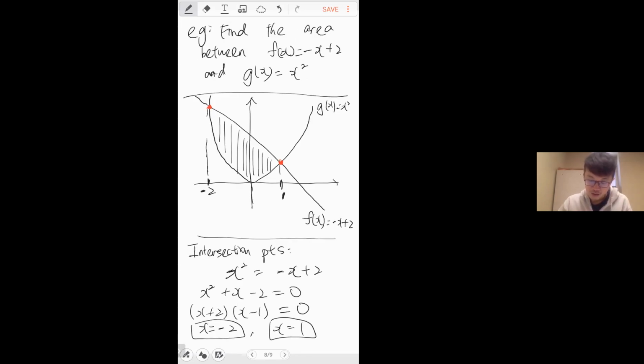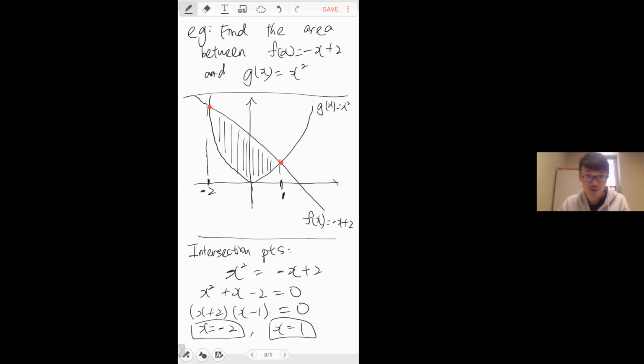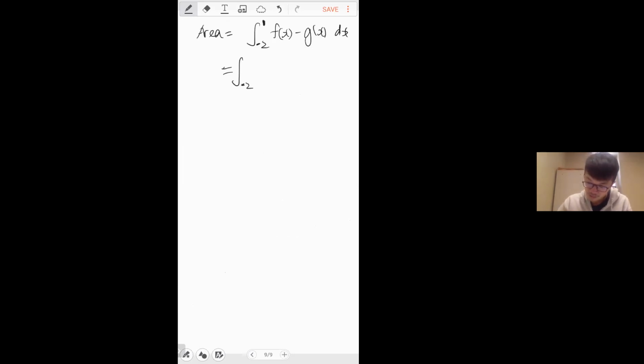And then the lower limit is negative 2, and then the upper limit is 1, from what we just found. So f of x was negative x plus 2, g of x is x squared, just plug them in. So negative x plus 2 minus x squared, like this. Is it okay?